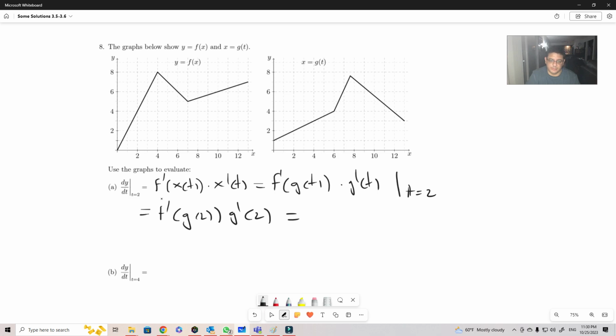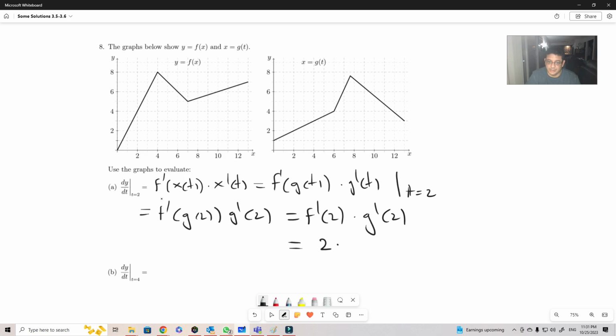And now as always, we can get those values from here. So g of 2 is 2, so we get f prime of 2 times g prime of 2. We get the values in the same ways as usual. F prime of 2 is going to be the slope of this line where 2 goes. Clearly, when this is 1, this is 2. So we can get that the slope of this function is going to be 2. And for g prime of 2, g prime of 2 belongs to this slope.